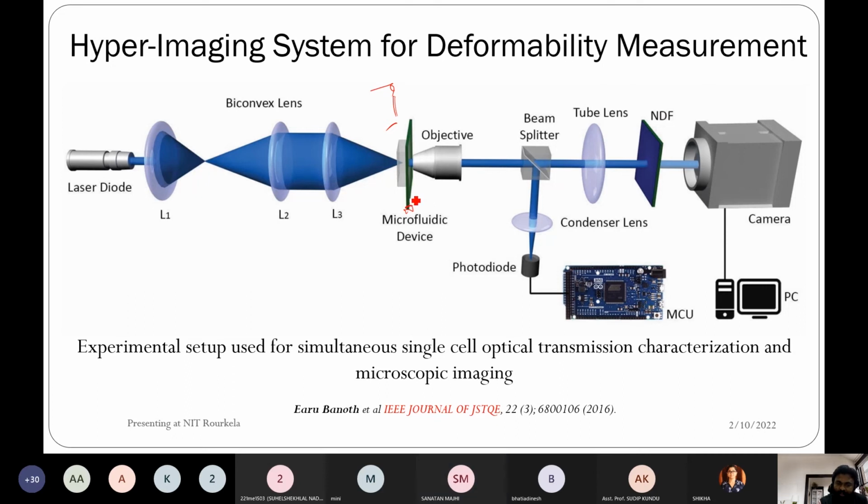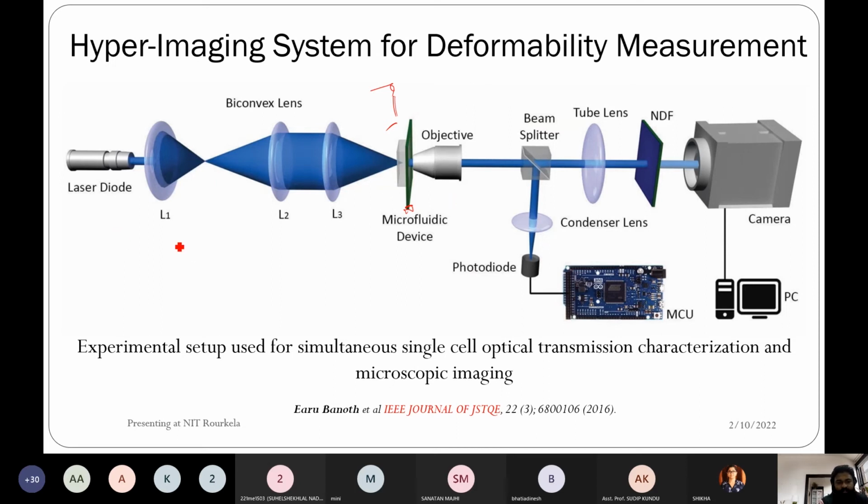Once you have aligned it with the light that you are focusing, there is no need for any movement of the microfluidic device. That is the reason I have used a single source for this.